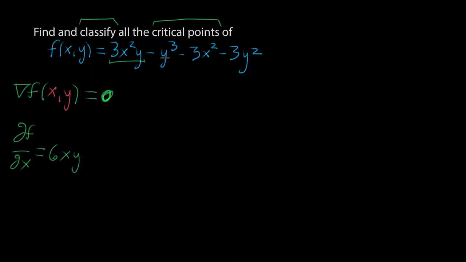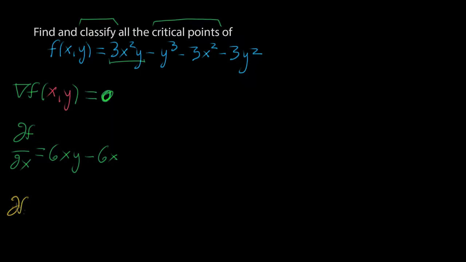Y cubed looks like a constant, minus 3x squared, so that 2 comes down, so we're subtracting off 6 times x, and then again, this 3y squared term, y looks like a constant, so everything here has 0 derivative, as far as the x direction is concerned.